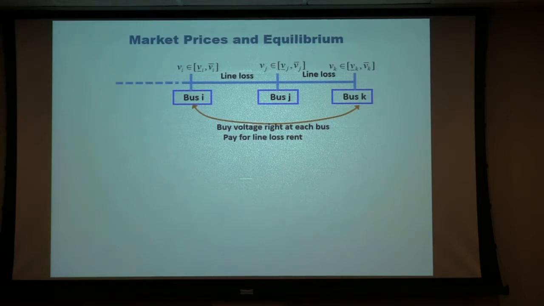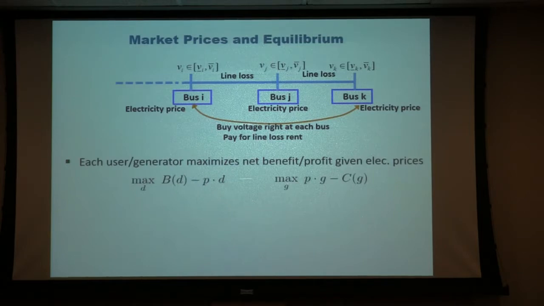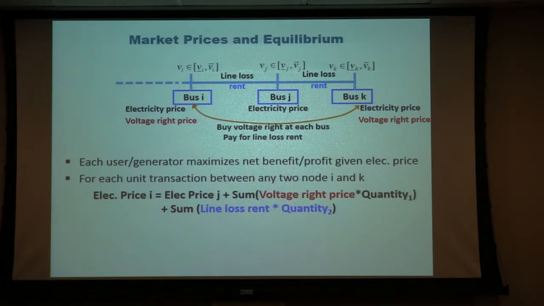Another constraint: when we have this market rule, each bus still has some electricity price, and I can decide how much I'm going to charge. Similar to before, we look at what kind of ideal price and equilibrium there can be for an individual generator, given some prices. But now, as an individual person, I'm going to pay rent and also for the voltage, so the voltage right price and also the power loss rent. This is similar to the budget balance constraint, but it is more like a deviation constraint.